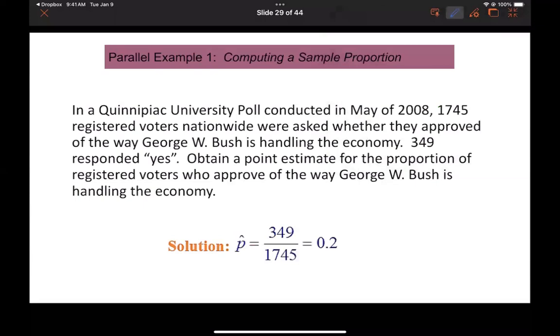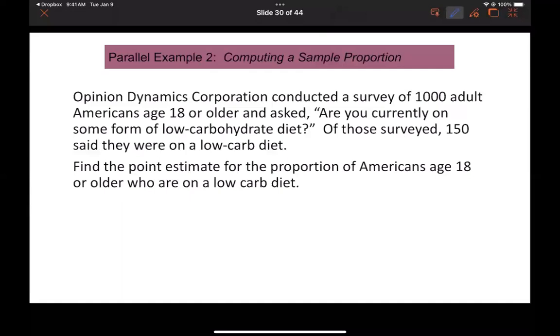I think I might have one more. I do. Let's do one more. Opinion Dynamics Corporation conducted a survey of 1,000 adult Americans 18 and over. They asked if they were on some sort of a low carbohydrate diet. Of those surveyed, 150 said that they were on a low carb diet. We want the point estimate for the proportion of Americans who are on a low carb diet.